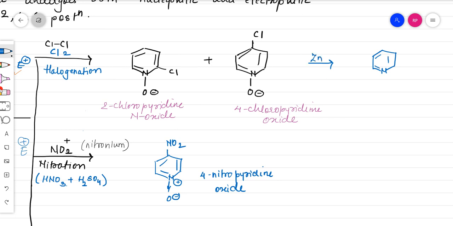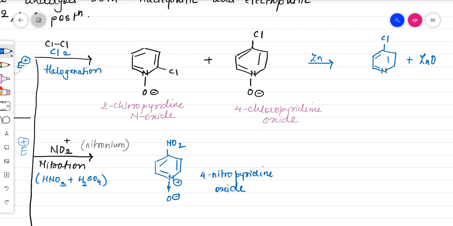Okay, so we generally use a reducing agent like zinc. Now you get 4-chloropyridine and zinc oxide. So the reactivity of pyridine N-oxide is more than pyridine. Reactions which were not taking place on pyridine directly can take place when you convert it to pyridine N-oxide, and then we can bring back the pyridine again. Are you getting this? Okay.